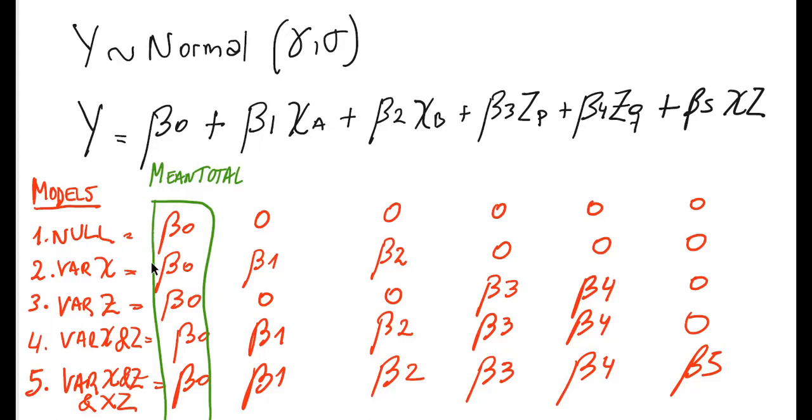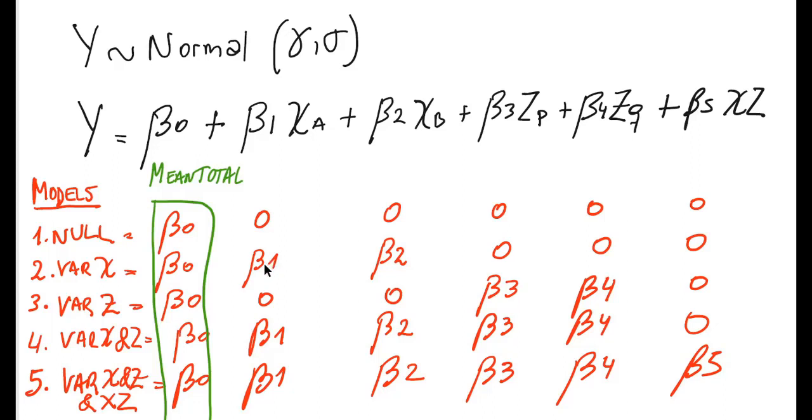Now, what's important is that, because we chose this way of parameterizing the model, beta 0 will be the same value in all models. It is the mean total of y. So this is an interesting thing, because we don't have to worry about estimating beta 0, because it will be the same in all models. And remember, beta 1 and beta 2 are related, and beta 3 and beta 4 are related.